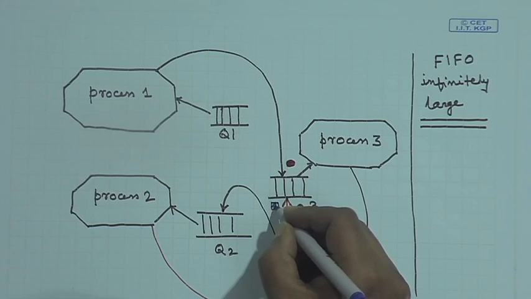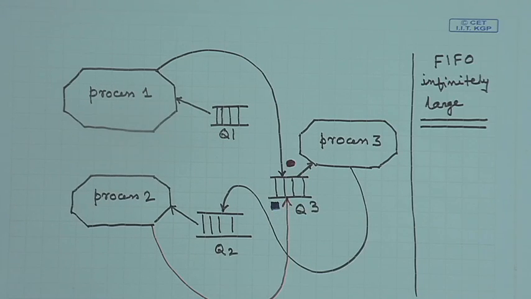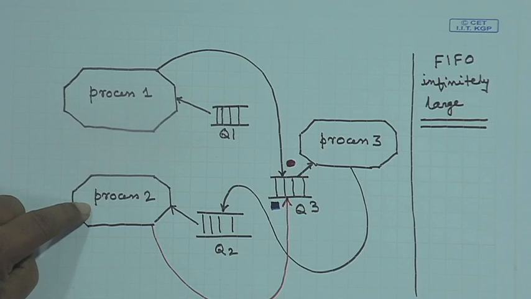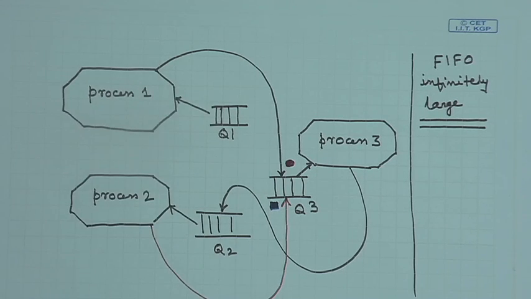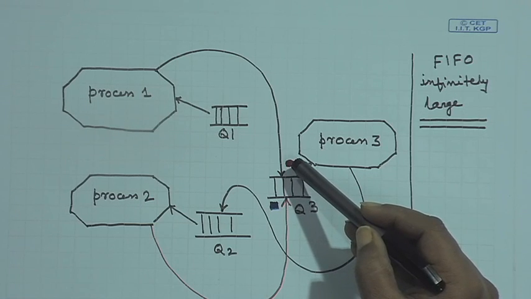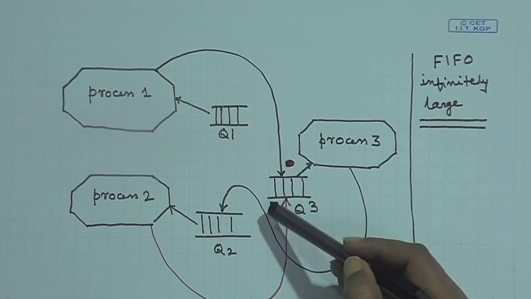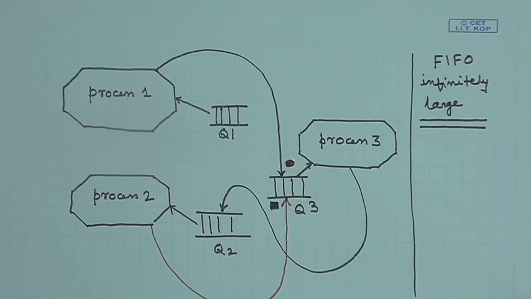So, there are two tokens coming over here in the queue. Now, please note that these two processes are asynchronous and the message passing is asynchronous. Therefore, I cannot say what will be the order in this queue, circle followed by square or square followed by circle.